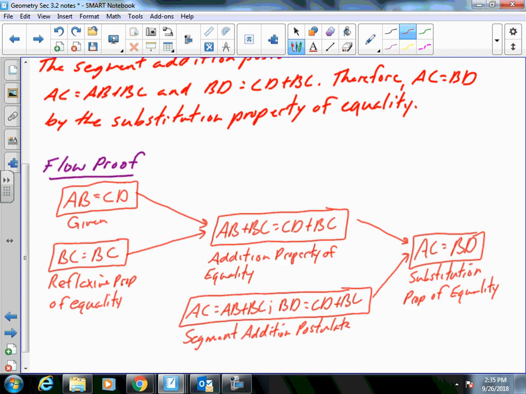So you know whether or not you're drawing an arrow to it, or if you're just making it its own new box to start off with. All right, so that is a flow proof. We won't do a ton of those in the future. There will be one on the homework, but the standard form of a proof, what we'll see most often, is the two-column proof. Right? These are just different options on how to present the same material.